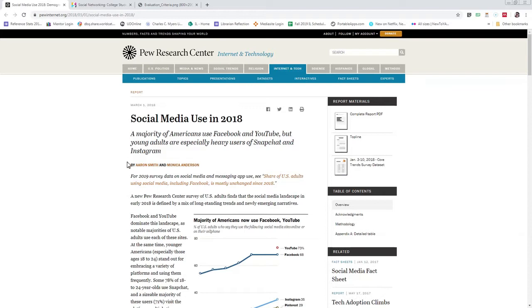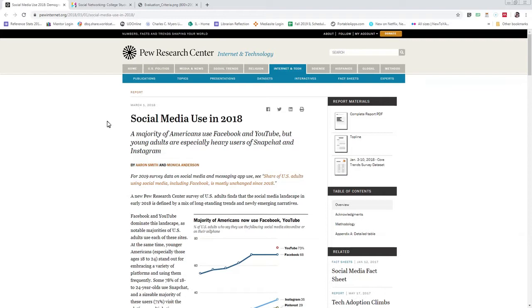But if you skim down a little bit further, they do say in this top paragraph that if I want to look at the 2019 survey data, it links directly to that. And I always really like when a website is able to recognize that the information there is still useful, but maybe the newer stuff would be more useful for something. So that's a nice thing.